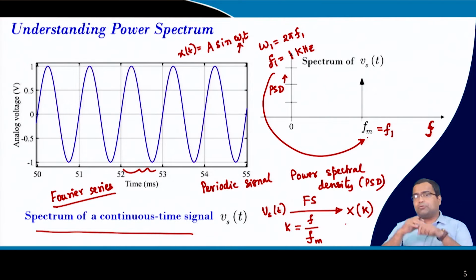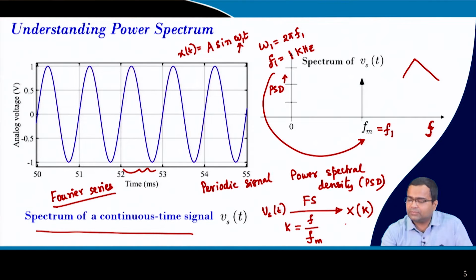Now, if we talk about, let us say, other than a sine wave, suppose a triangular wave, like any arbitrary shape, then we will have time period T, which is my modulating period, and my Fm will be 1 by Tm.